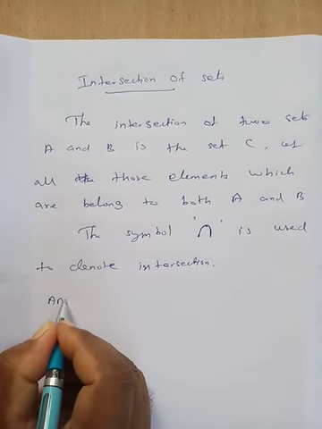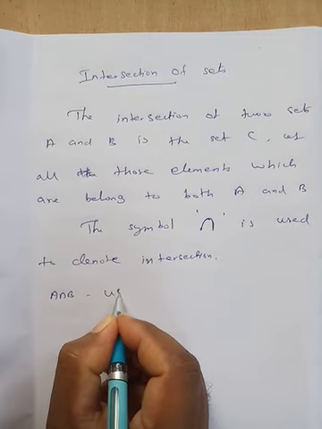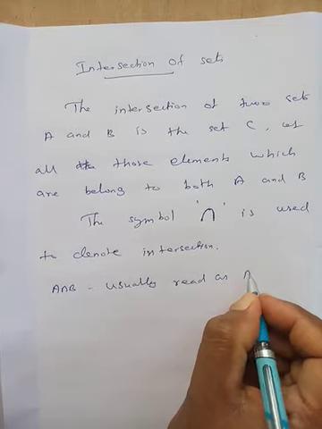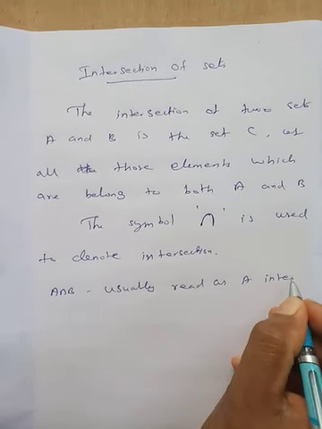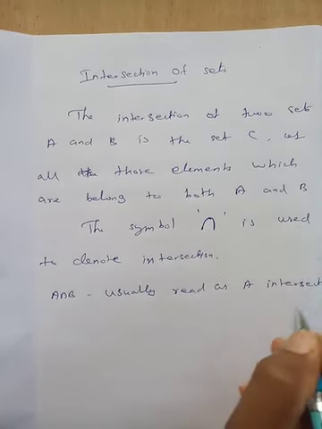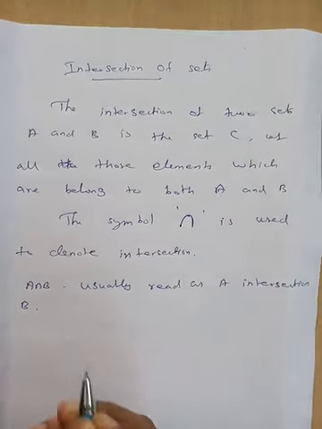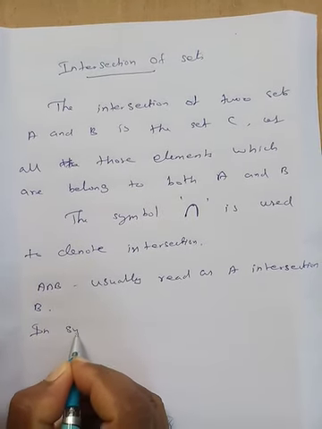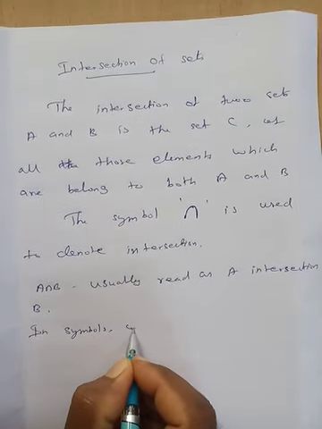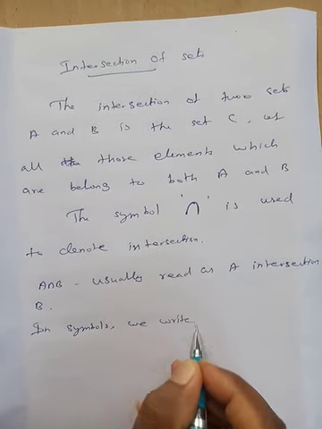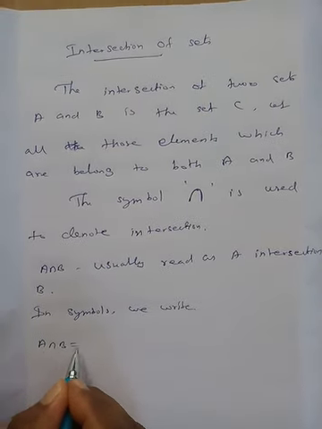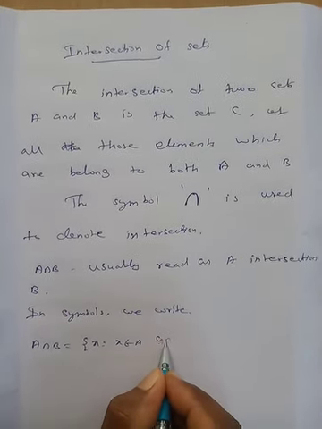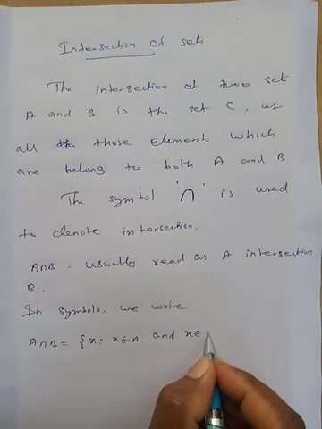A ∩ B is usually read as A intersection B. In symbols, we write A ∩ B is equal to the set of all x such that x belongs to A and x belongs to B.